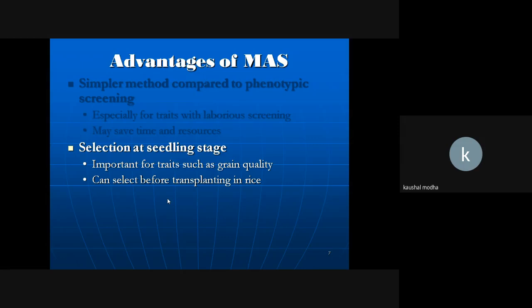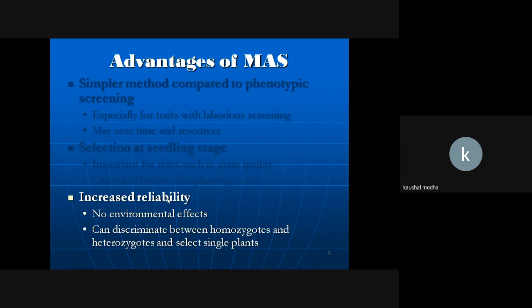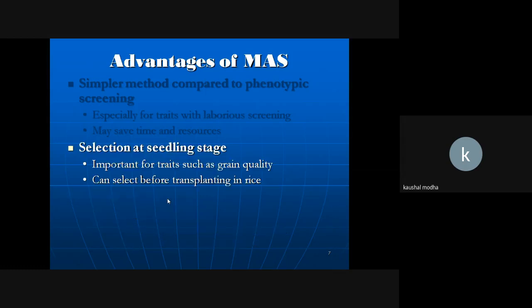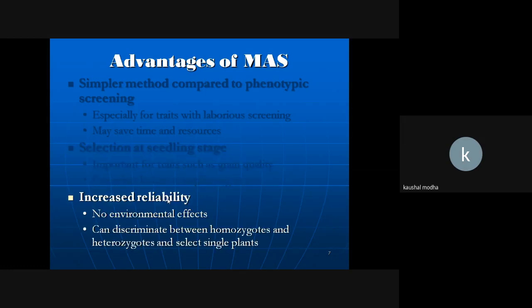As I told you earlier, if you are selecting for grain quality, you can also apply selection at the seedling stage. You need not wait for flowering and maturity. You can apply selection even before transplanting of rice, for grain quality or any other quality. And of course, grain quality is very important in the case of rice.